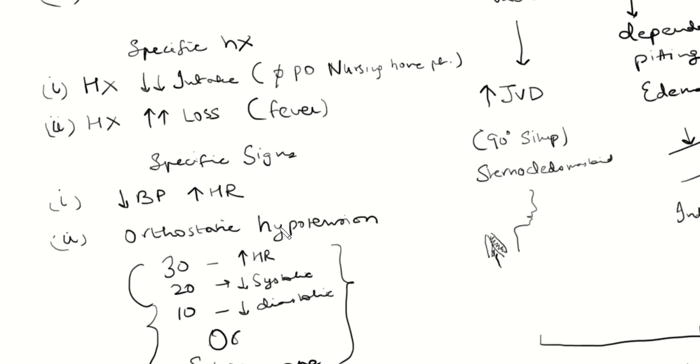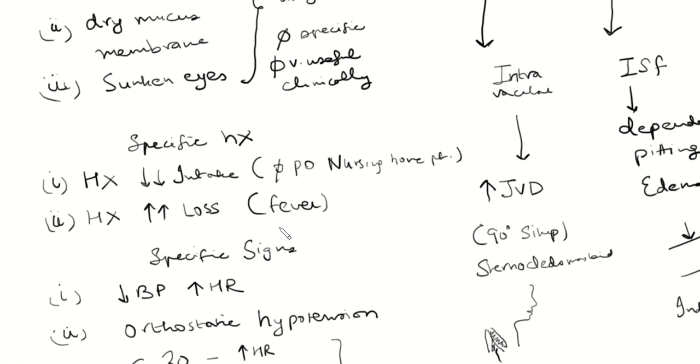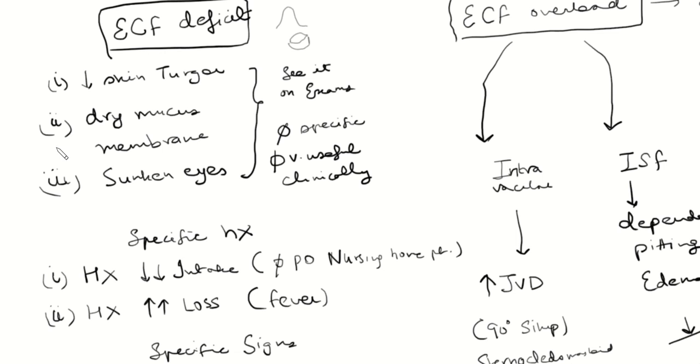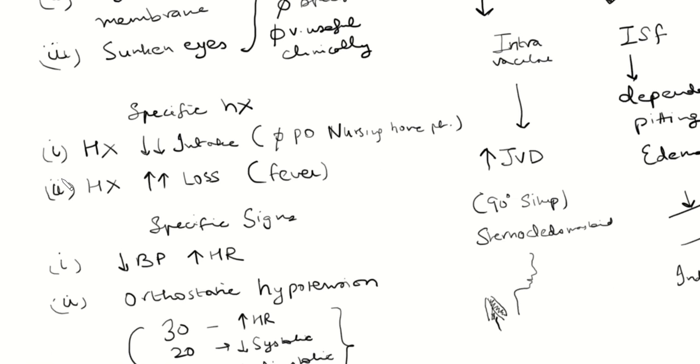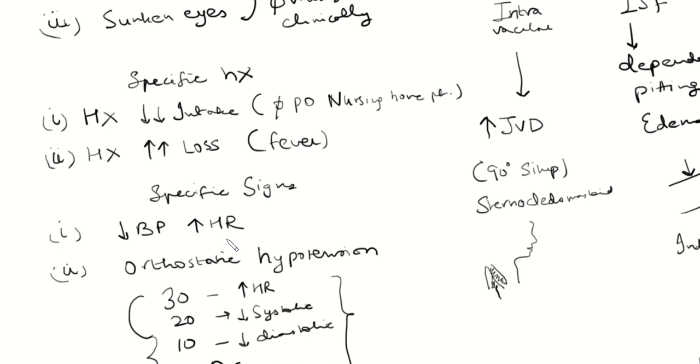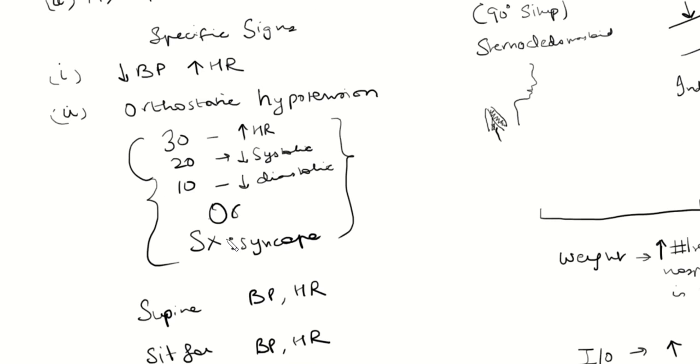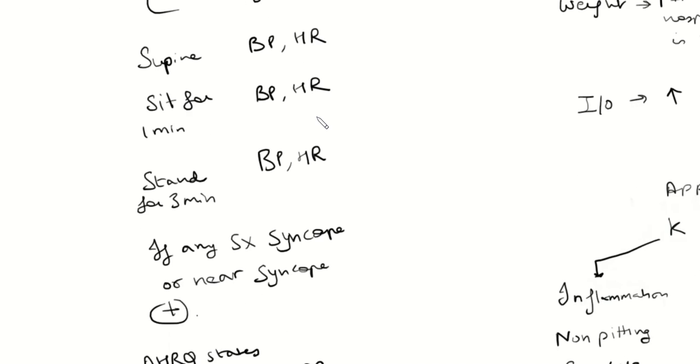Okay, so how do you do it? So again, exam question, if it gives you these three, it's telling you it's hypovolemia. Usually exam questions may or may not also give you a specific history, and if they give you some vital signs, they'll probably give you low blood pressure and high heart rate. And if they want to have you tease out stuff, they'll give you orthostatic hypotension and whether that's positive or not.